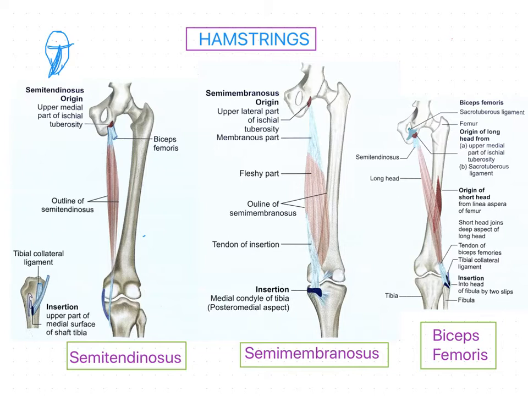And the upper medial part of the ischial tuberosity is where the semitendinosus originates.